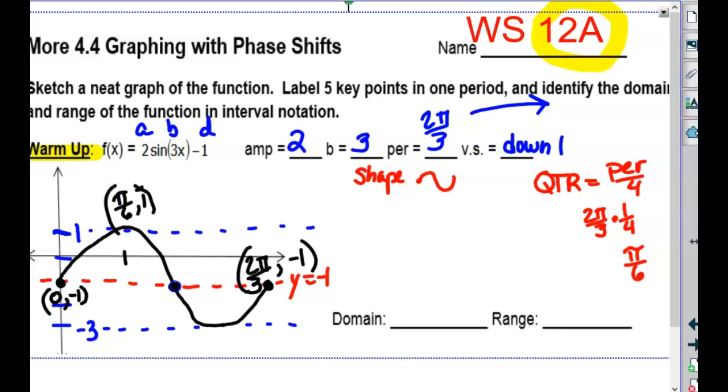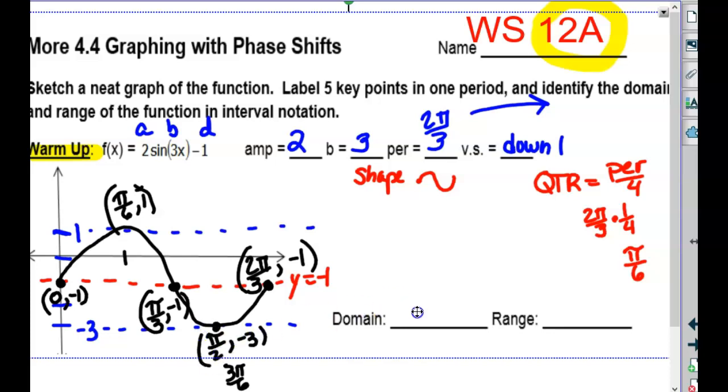Then it went over another pi over 6, which would be 2 pi over 6s, so we should label it pi over 3. It's down at -1. Then this one is 3 pi over 6s, which reduces to pi over 2, and that one's down at -3.